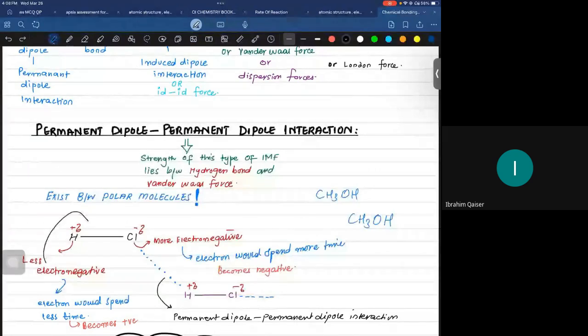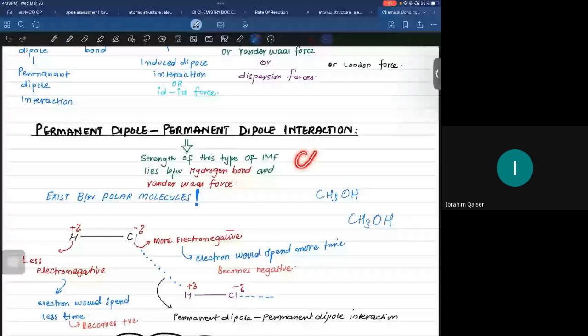The covalent bond formed between two different elements is a polar covalent bond. When the covalent bond is formed between the same or similar elements, what do I mean by same or similar? I'm talking about electronegativity.